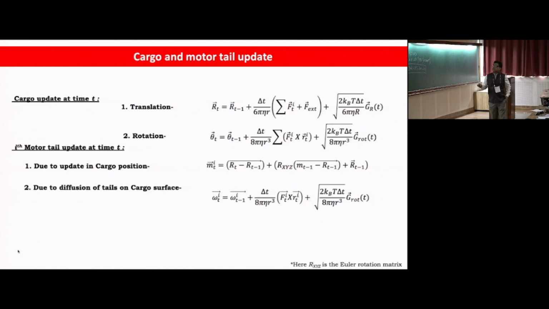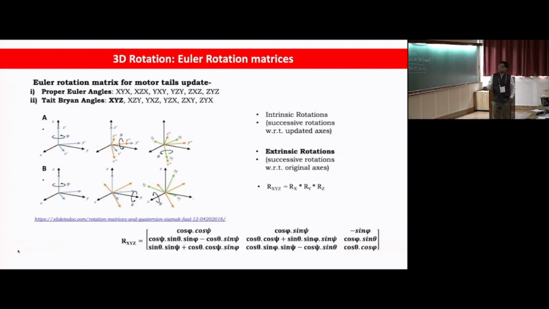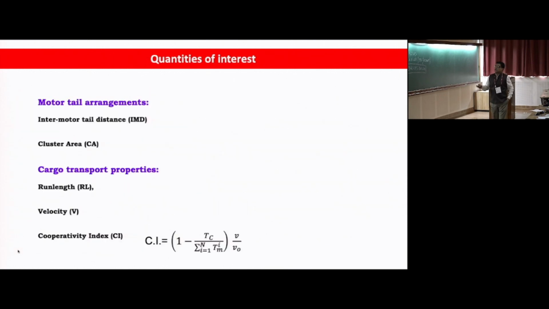We did all of that and solved the Langevin equation, both translational and rotational. The quantities of interest for us are intermotor distance and cluster area, and we also calculate the cargo transport properties, which are run length, velocity, and cooperativity index.